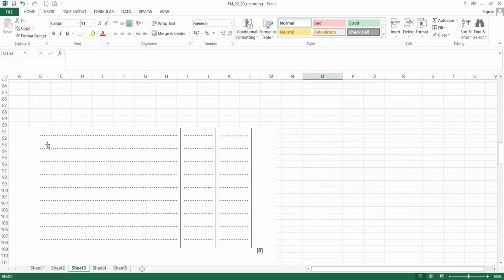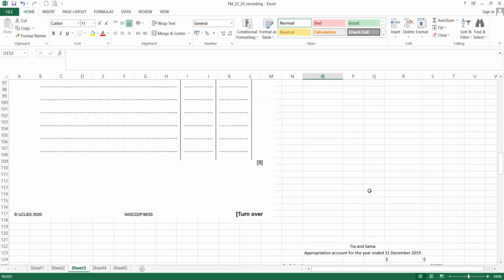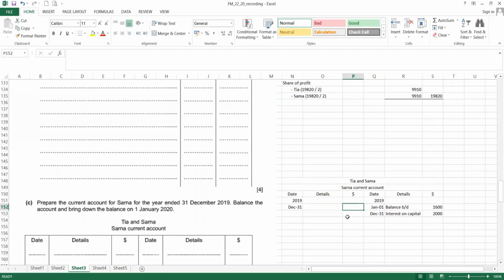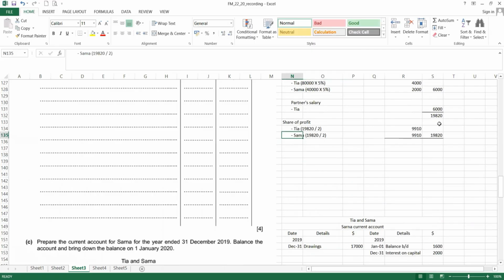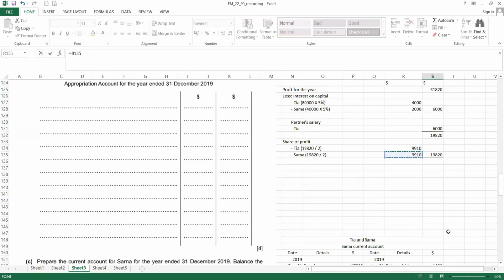But here, your trial balance shows drawings of 17,000. We have to put in here 17,000, and drawings. At this amount, Sama received profit, share of profit or residual profit, the amount 9,910.